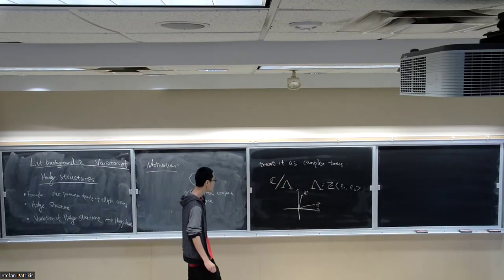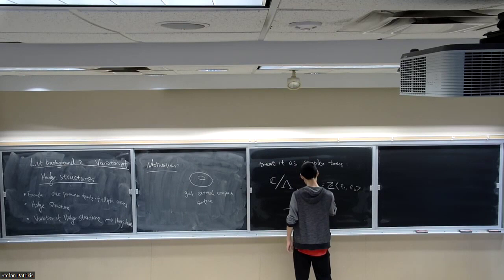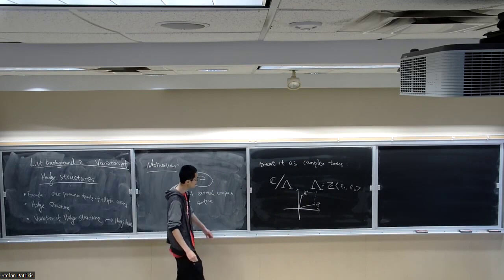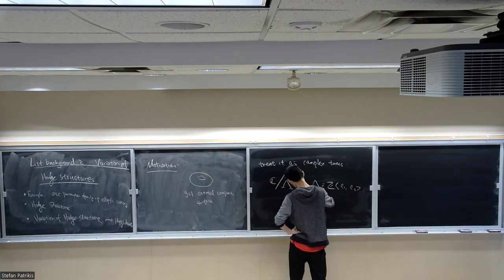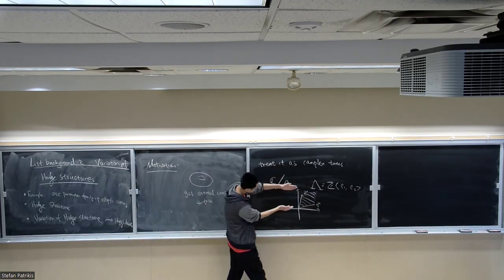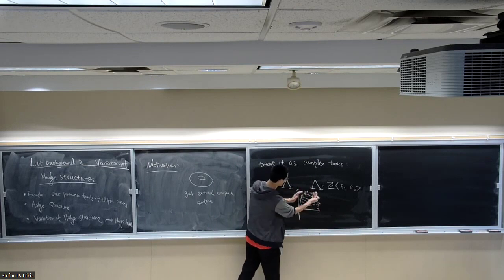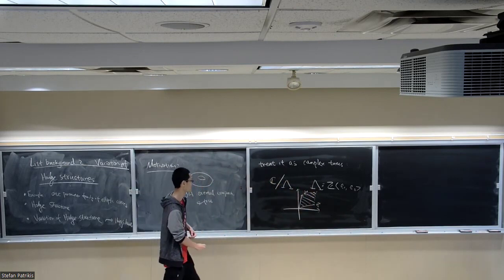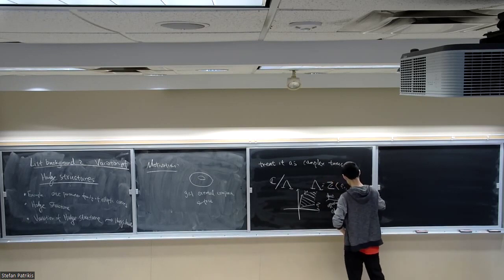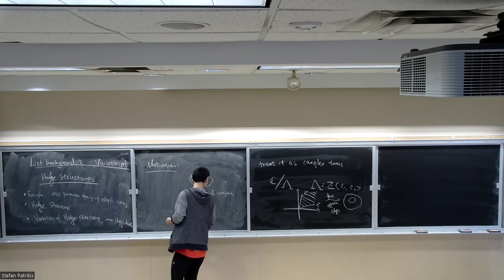The quotient by the lattice gives us a fundamental domain, and our complex torus is obtained by gluing the opposite edges together, and that gives us the torus. You have to mark where you are gluing.